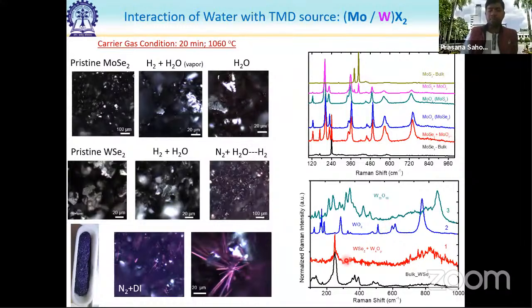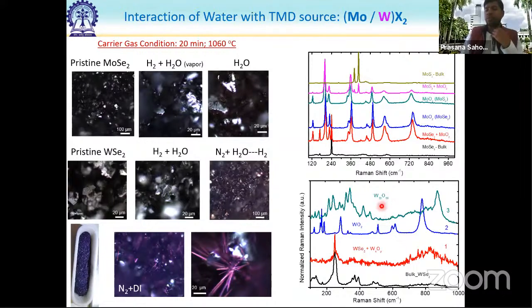But tungsten is different. Tungsten is a pure metal, and when it interacts with water, it doesn't change too much in color. But if you interact with water for a prolonged time, we can see secondary phases evolve. Bulk WSe2 has a single Raman peak, but as it interacts with water more and more, it forms different levels of sub-oxides, which play a dynamic role in the growth.